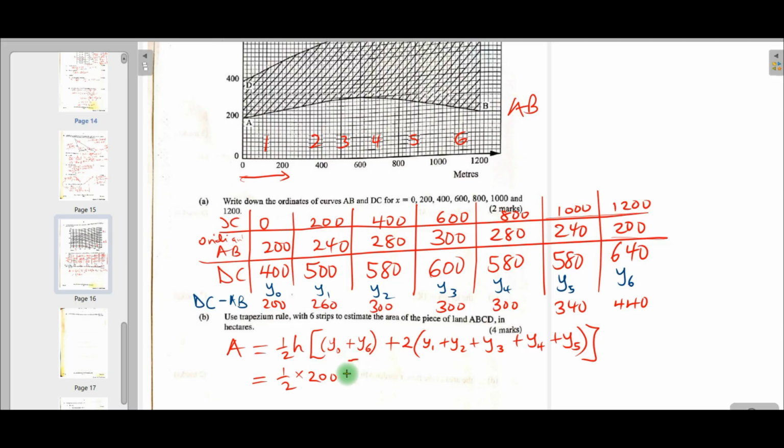Then we have the first ordinate and the last one, 200 plus 440, which will be 640, then plus twice the sum of the other ordinates, y1 to y5: 260 plus 300 plus 300 plus 300 plus 340, we get 1500.